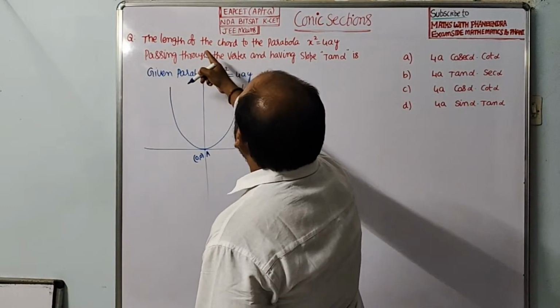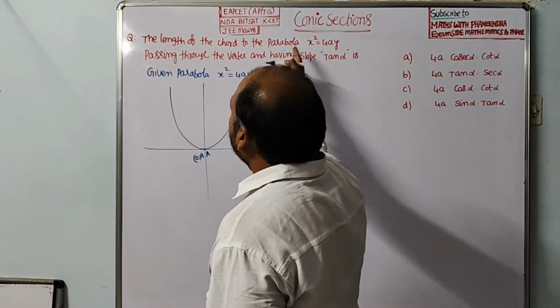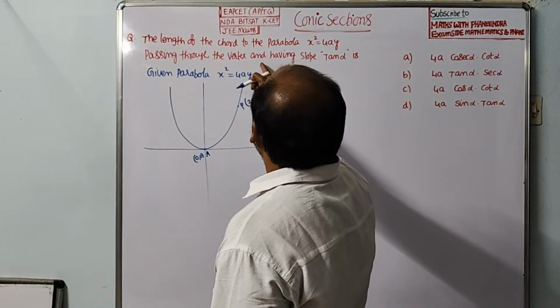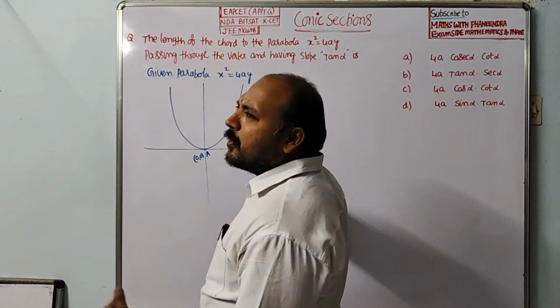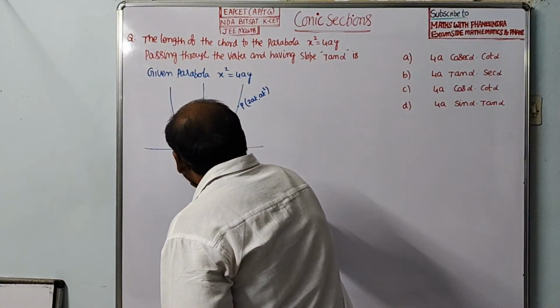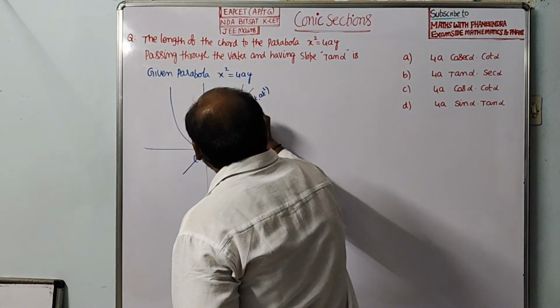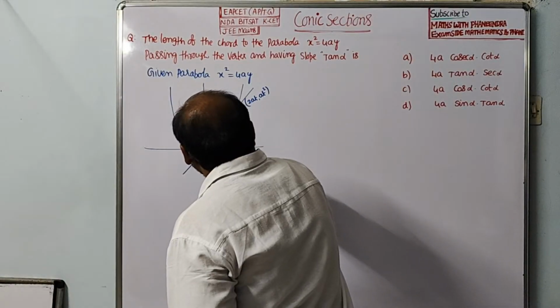Join like this, the length of the chord of the parabola passing through the vertex and having the slope. Length of the chord. So chord means any point you can take. This is the chord, this length.